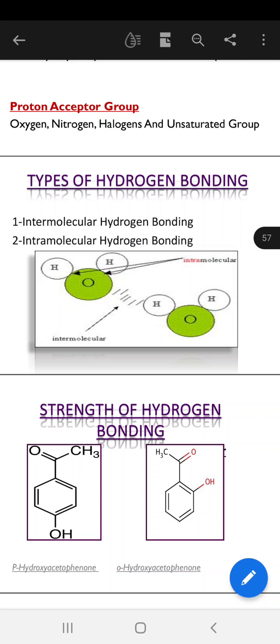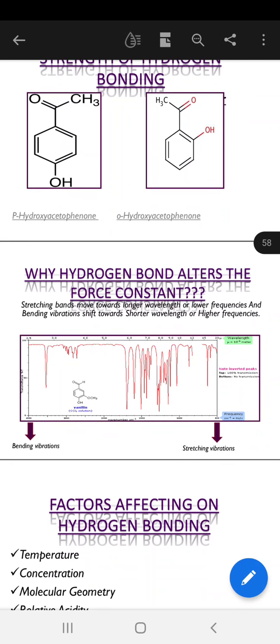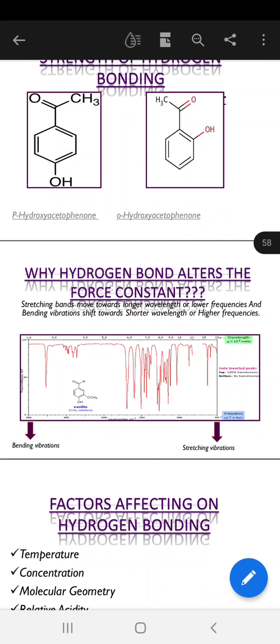The bond formed between the H and oxygen is intramolecular, within that molecule only, but the bond formed between the two molecules, shown by the dashed line, is intermolecular hydrogen bonding. Hydrogen bonding alters the force constant.